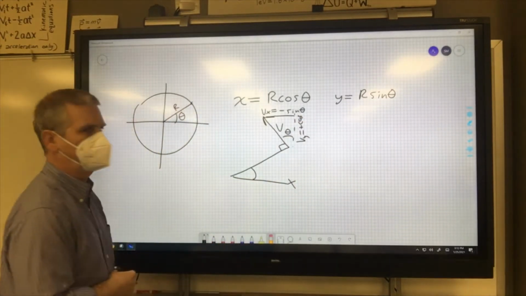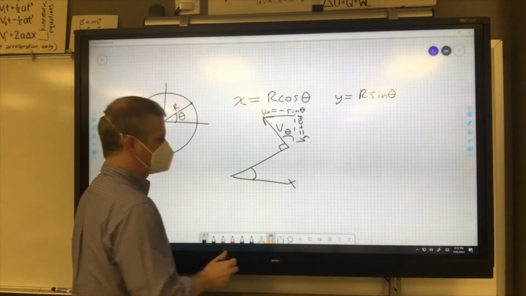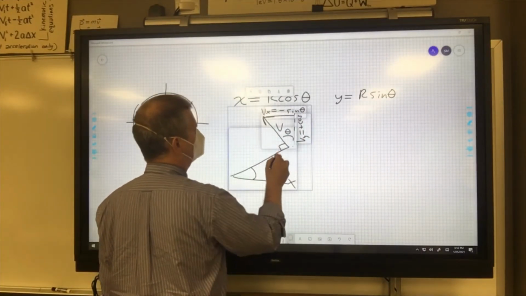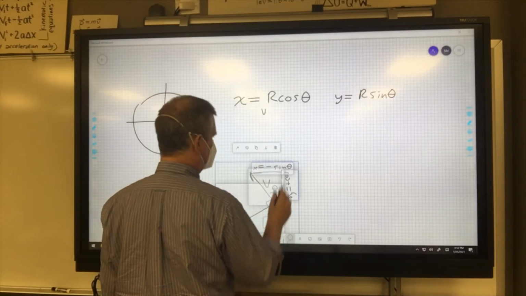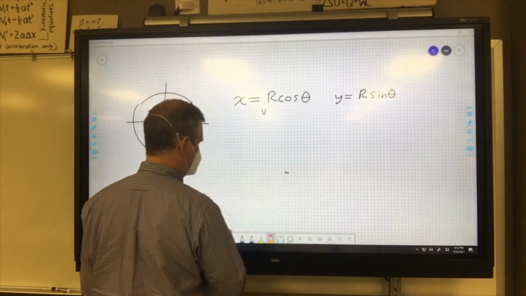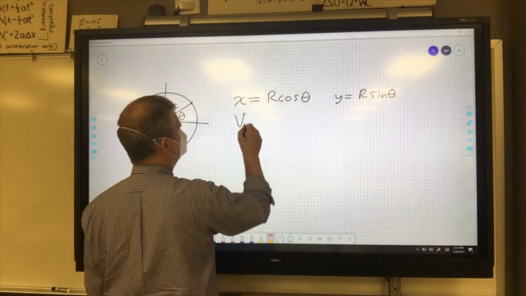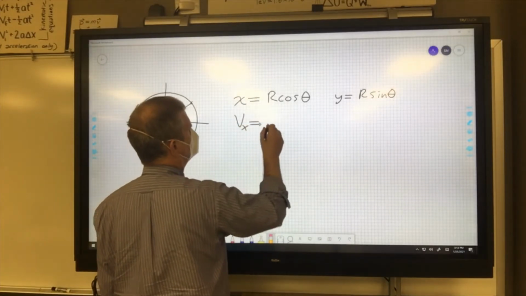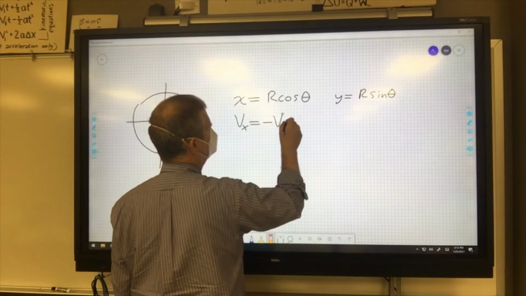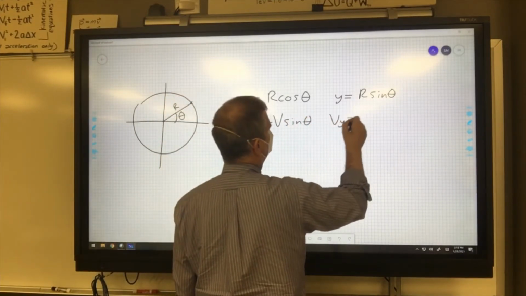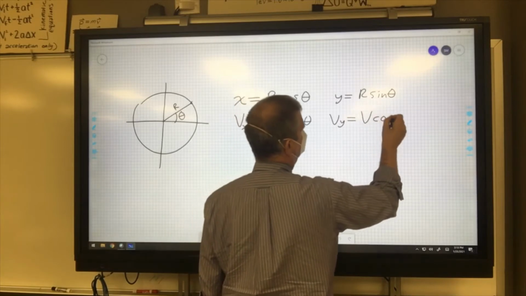So that gives us these equations. We just proved that. It tells us that v in the x direction equals negative v times the sine of theta, and v in the y direction equals v cosine theta.